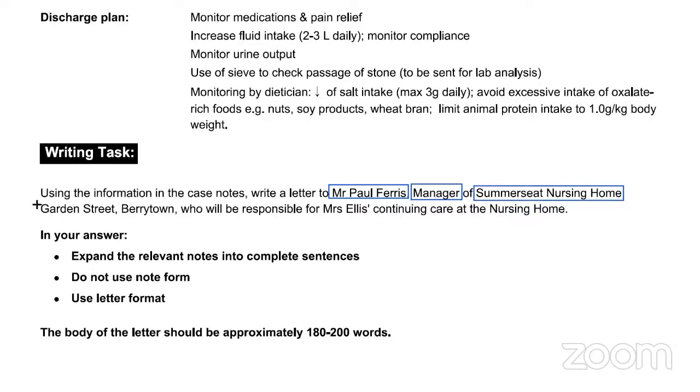The next line is Garden Street. The next line is Berry Town. So these 5 things you are going to write. So how are you going to write here? Yeah, we'll write like this. This is called the address. Number 1, the address.